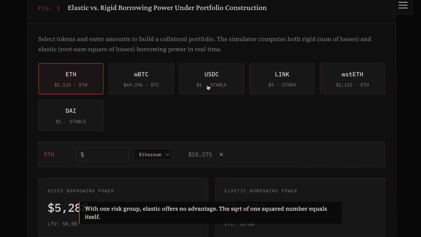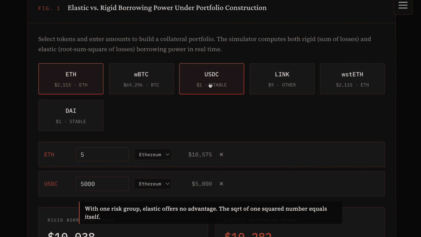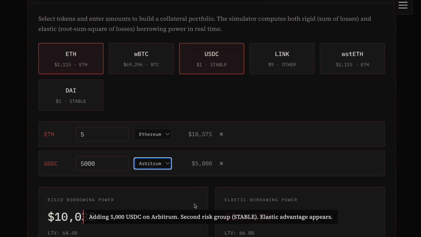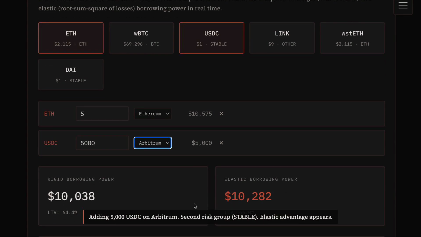So let's say I add USDC. Let's say I add 5,000 USDC on Arbitrum. As you can see, this is a different risk group. We can see the elastic borrowing power jumps, while the rigid borrowing power grows proportionally.